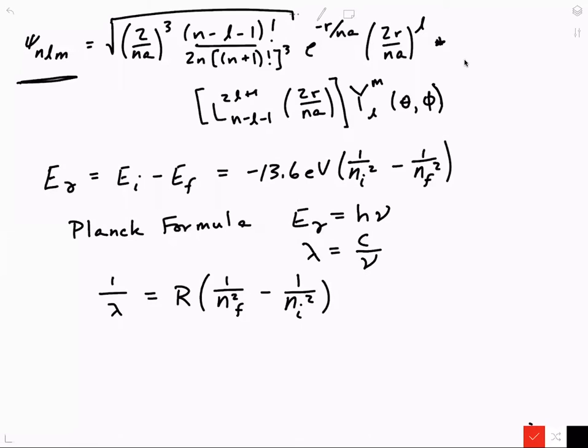And this is what I had introduced previously. I'd mentioned it. Rydberg was a mathematician who came up with this formula to describe the frequencies or the wavelengths of the spectrum of hydrogen that he was seeing, in terms of just some numbers that he called n1 and n2, initial and final.